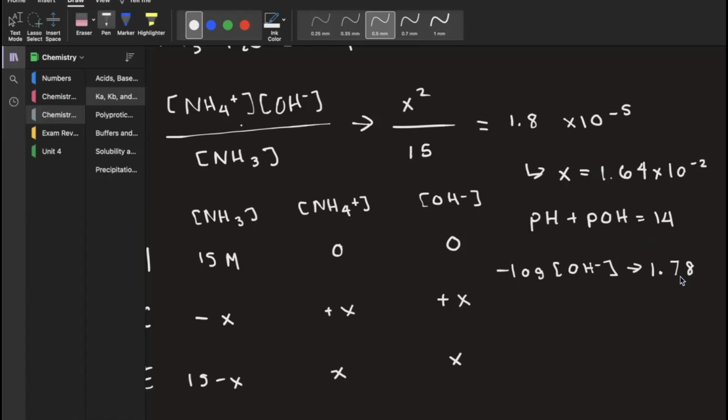So this is going to be our pOH, but the problem is asking for the pH. So to get pH, all we have to do is subtract 1.78 from 14.